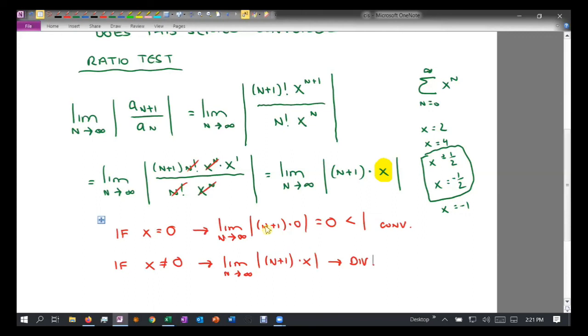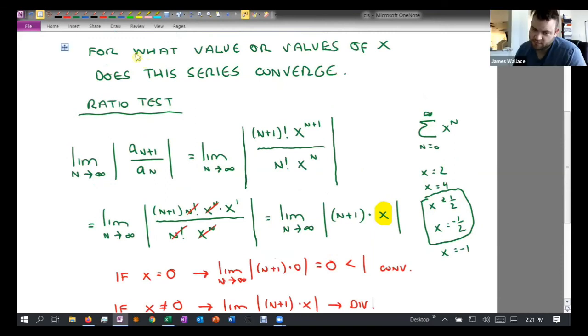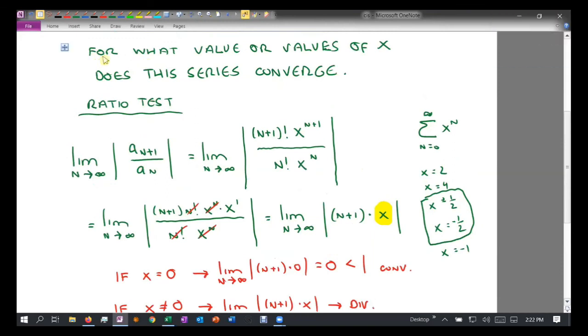Any questions on that? For what value or values of x does the series converge? Zero.